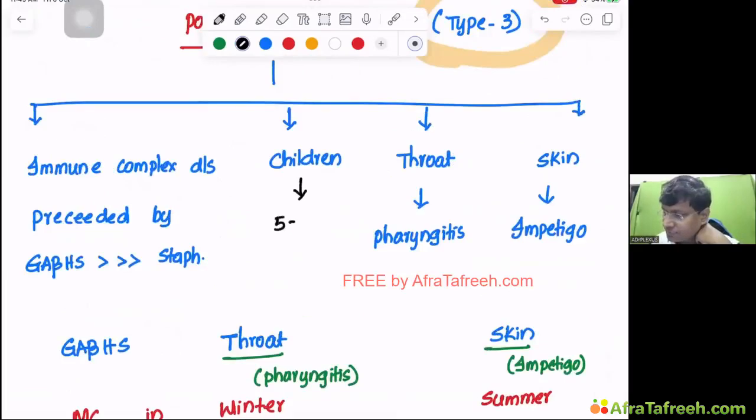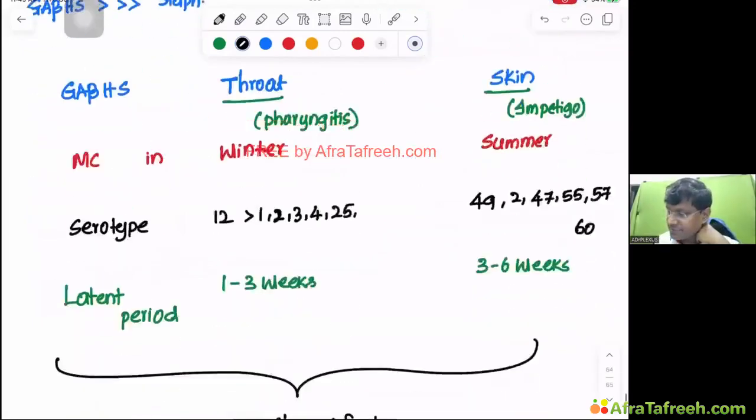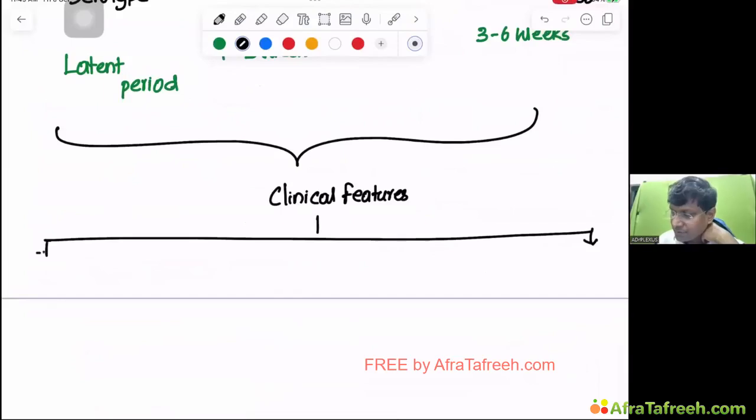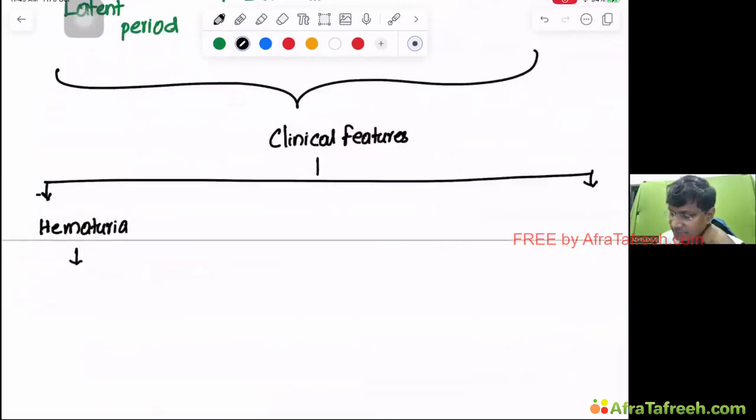That is around 5 to 12 years. Then the presentation is what? The clinical features include, secondary to your glomerulonephritis, they develop significant hematuria. And what will the child come with?